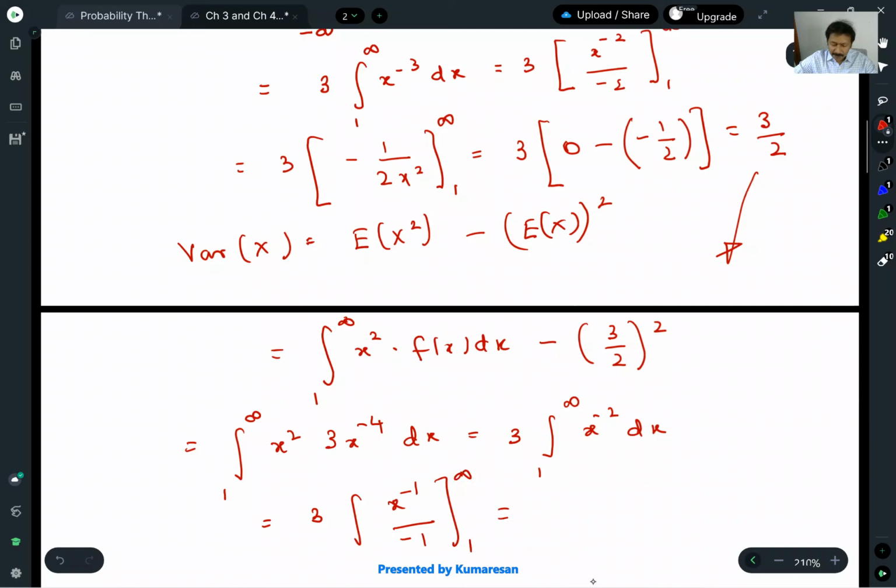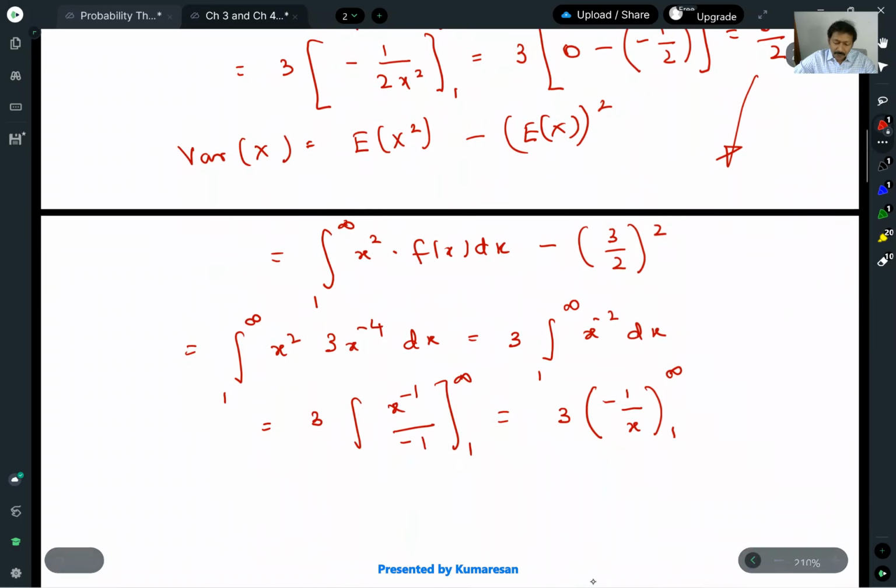Before I substitute the values 1 and infinity for x, I'll rewrite the function that we just integrated. x to the power minus 1 is 1 over x, so it's minus 1 over x between 1 and infinity. Now you substitute the upper limit, you get 0, minus, substitute the lower limit, you get minus 1 over 1, which is minus 1.